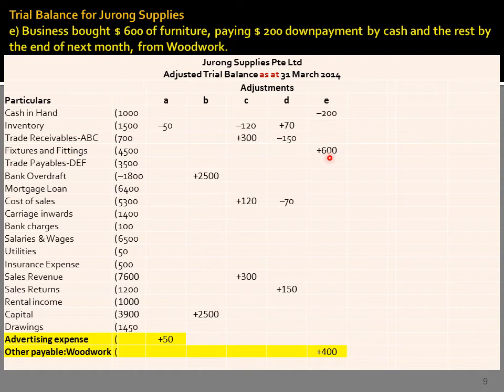The fixtures and fittings, which is the furniture account, will increase by $600. There's an owing to woodwork. Since this owing is not goods related, we would record it in other payable account. Since other payable woodwork is not given in the list of accounts from the ledger, we would need to open this ledger account and record it as a separate line in the trial balance.